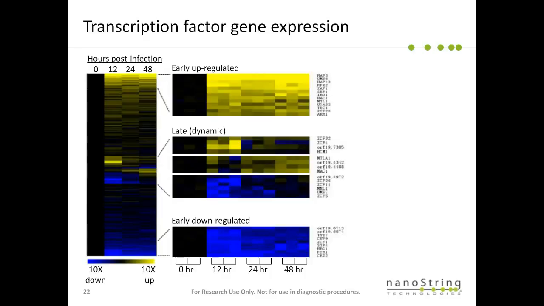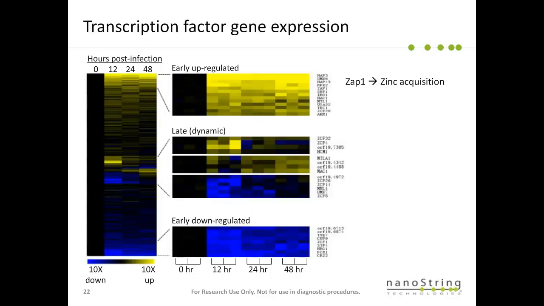Here again, we have transcription factors that are upregulated early on or downregulated early on, as well as transcription factors that are dynamic, that is, on and off depending on the time point you take a snapshot during infection.